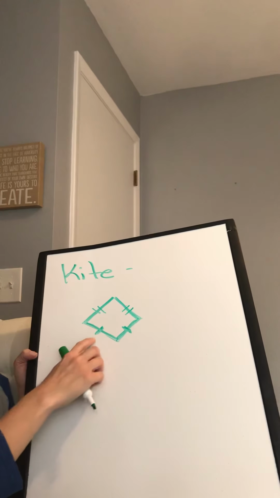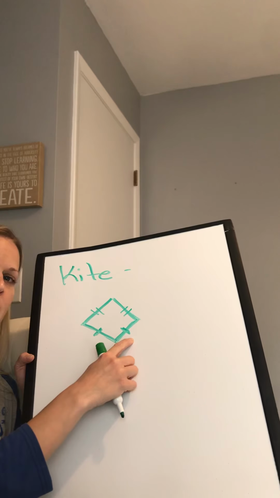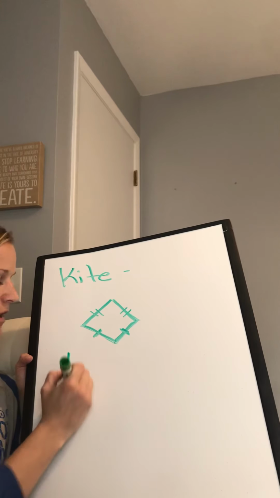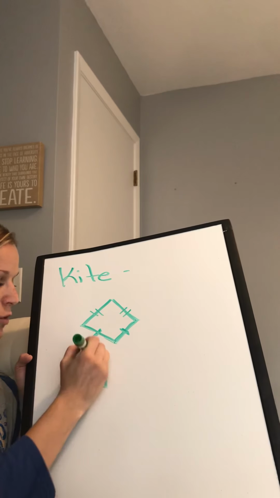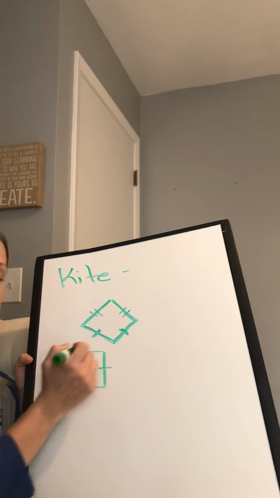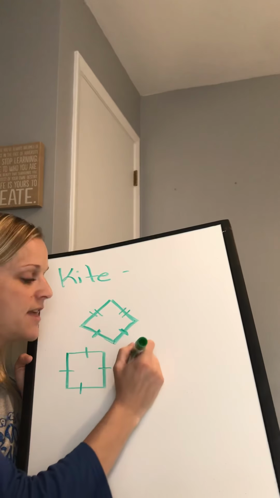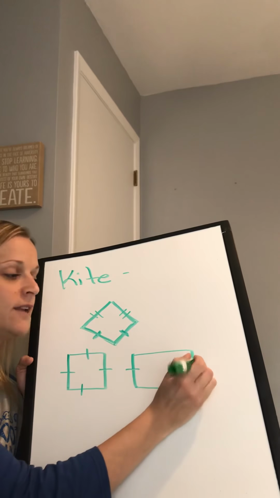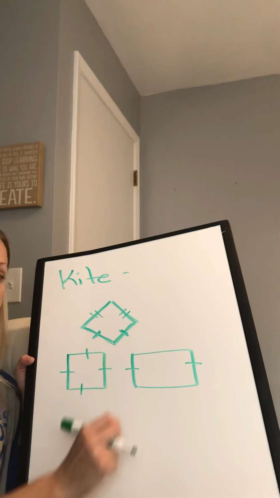And I want you to know that these lines through the sides mean that those sides are equal. So for example, if I have a square, I can put 1 little line through each one of these sides because these are all the same. They're all equal. But now if a rectangle, I'm going to put 1 line through here and 1 line through here. That means that these 2 sides are equal.